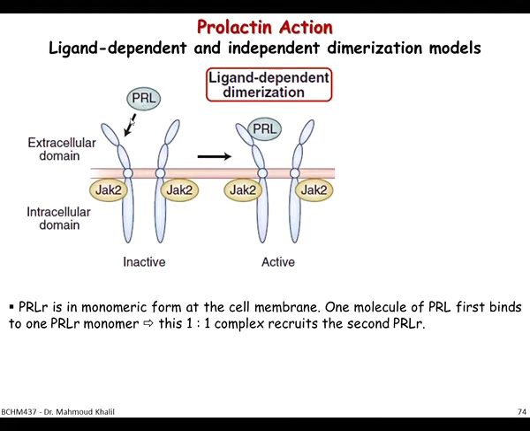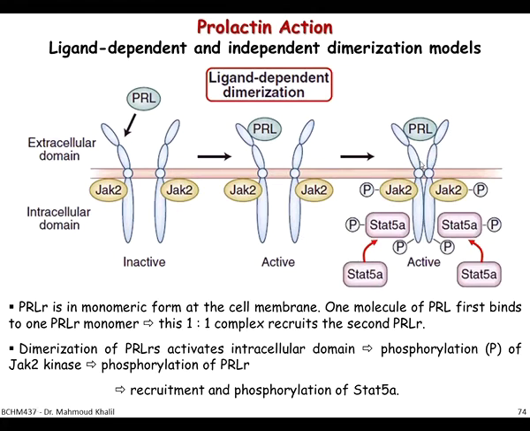Once prolactin interacts with the extracellular domain of this monomeric receptor, you can see a one-to-one complex. This will induce a second receptor to become active, and hence the process of dimerization. That's why it's dependent on the ligand: there will be no dimerization unless the prolactin is present.